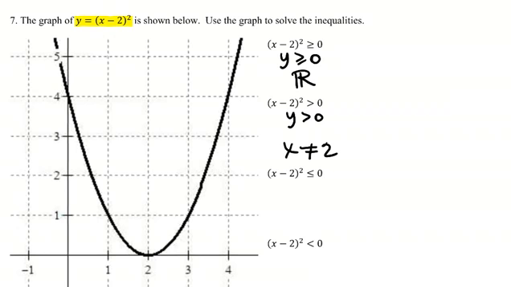Okay, this is like saying y is less than or equal to 0. Well, let's just break it up into less than, and equal to 0. Okay, less than 0. I don't see the graph of this parabola ever going below the x-axis. So I would say less than 0 is never.